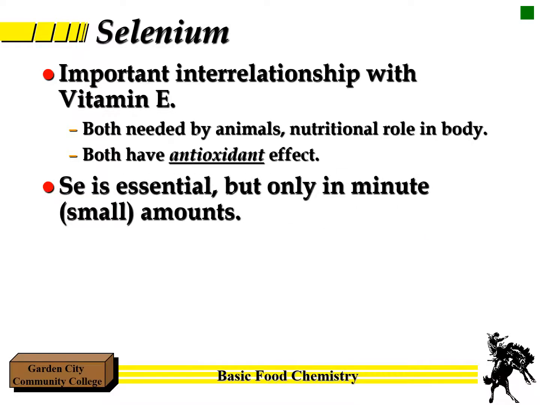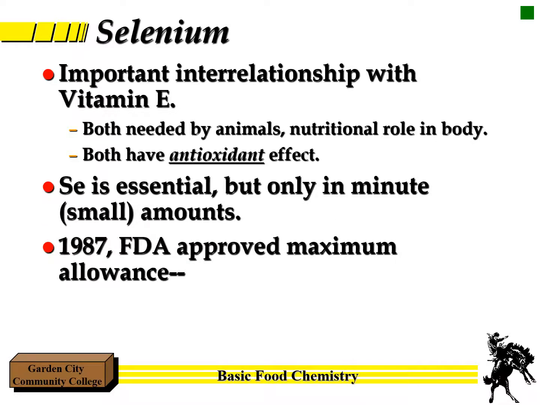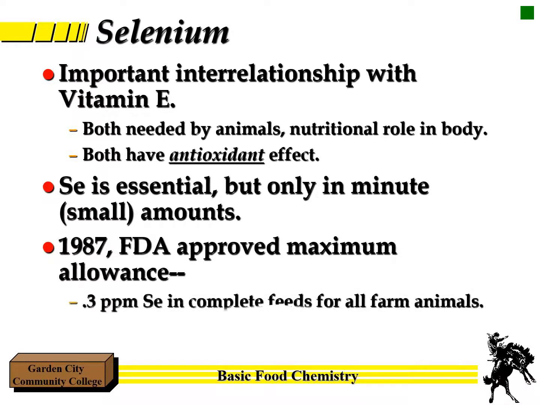Selenium is definitely essential, but only in very, very, and I mean very minute quantities. In 1987, the FDA came out with their approved maximum allowance in feed rations, and it is very small: 0.3 parts per million of selenium in complete feed for all farm animals. And why? Because excess selenium can be highly toxic.